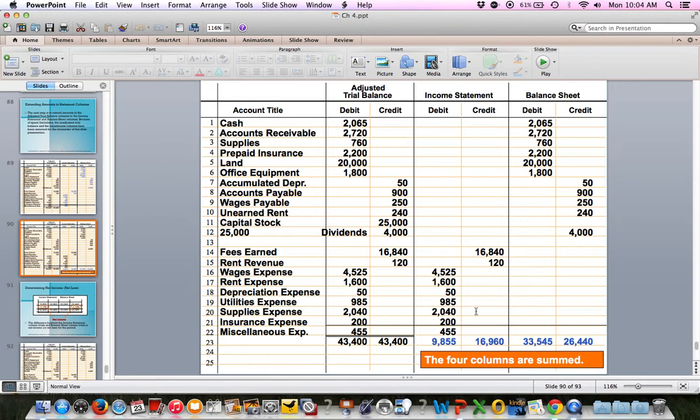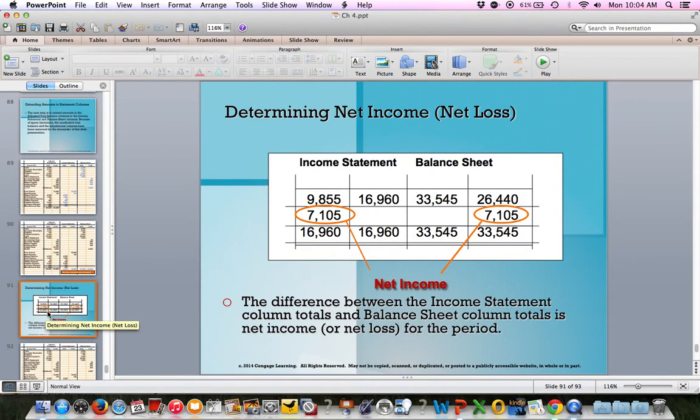Once we do that, you can see that they don't initially balance. Revenues less expenses we know as net income. What we'll discover here is that the income statement columns and the balance sheet columns don't balance initially until we compute net income and add the net income number. The difference between each one should be net income, revenues less expenses, and that's what the income statement column shows.